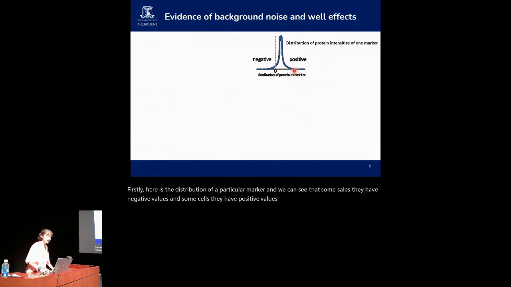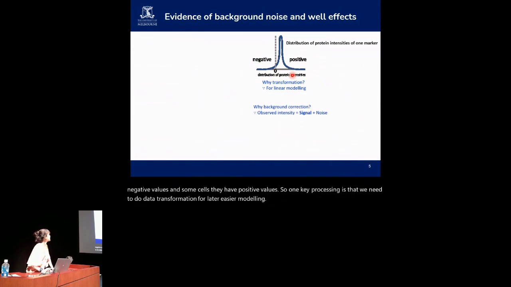So one key processing step is that we need to do data transformation for easier modeling later. And basically, background correction is needed because every single observed intensity is a combination of signal and noise. This is an example where we measure the noise in the isotype control well.